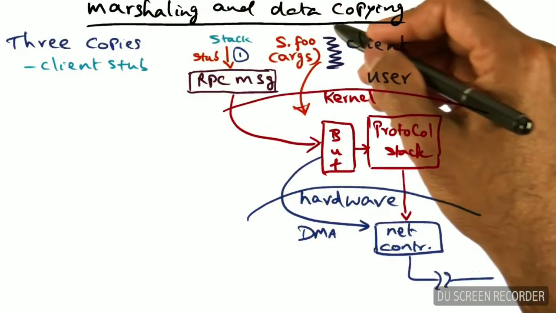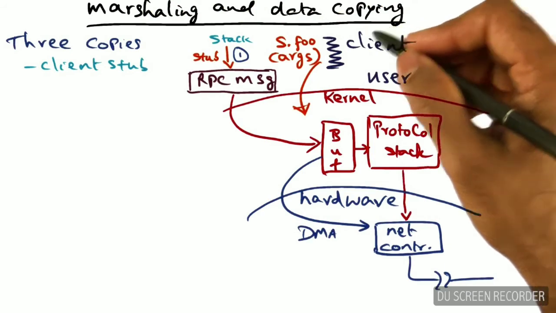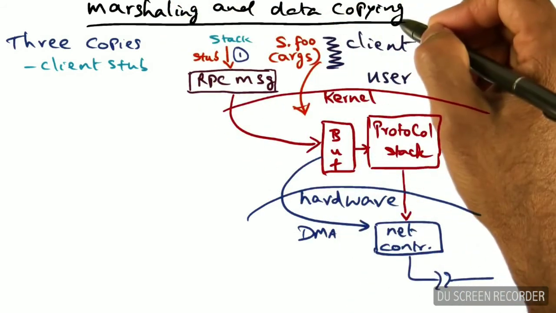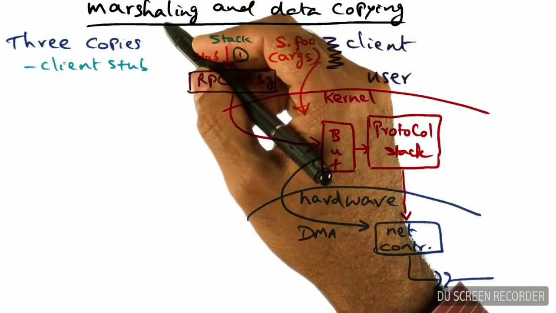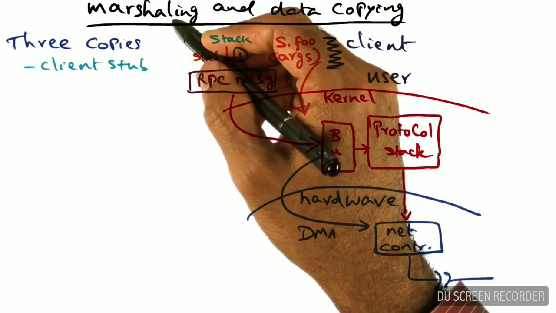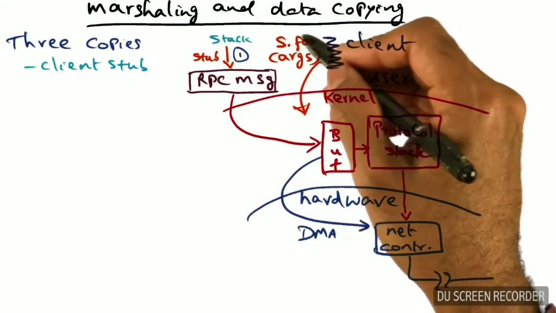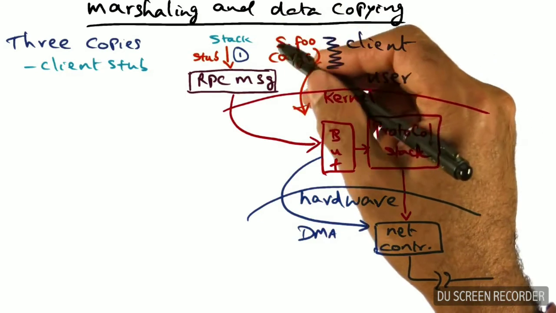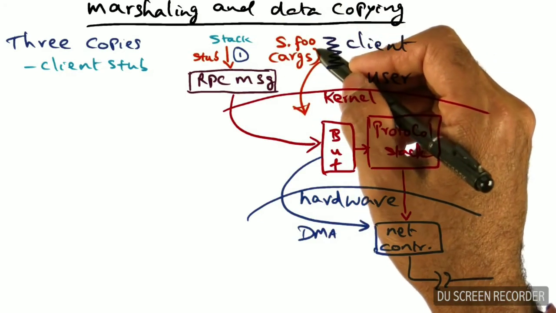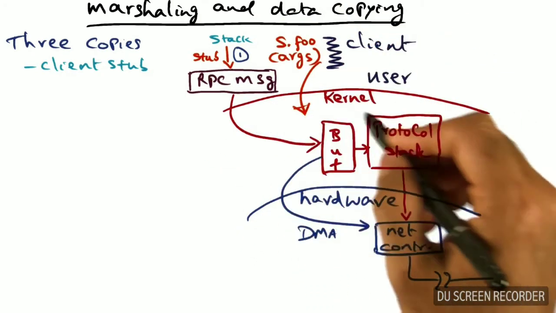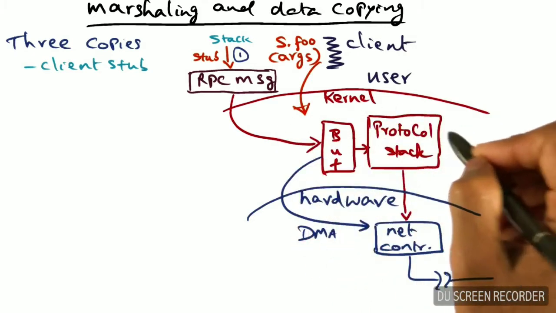First, let's look at how we can reduce the overhead in marshalling the arguments and the data copying. Just to jog your memory, marshalling refers to the fact that the semantics of the RPC call being made between the client and the server is something that the operating system doesn't have any clue about.